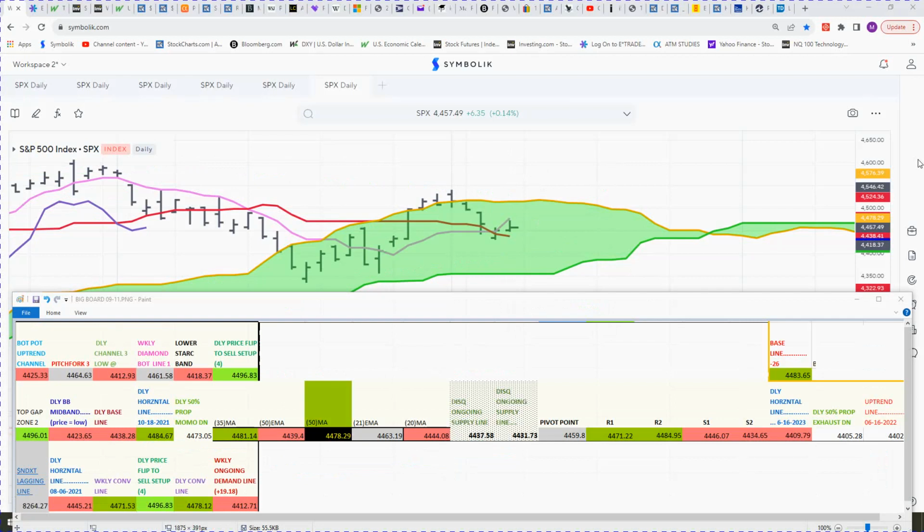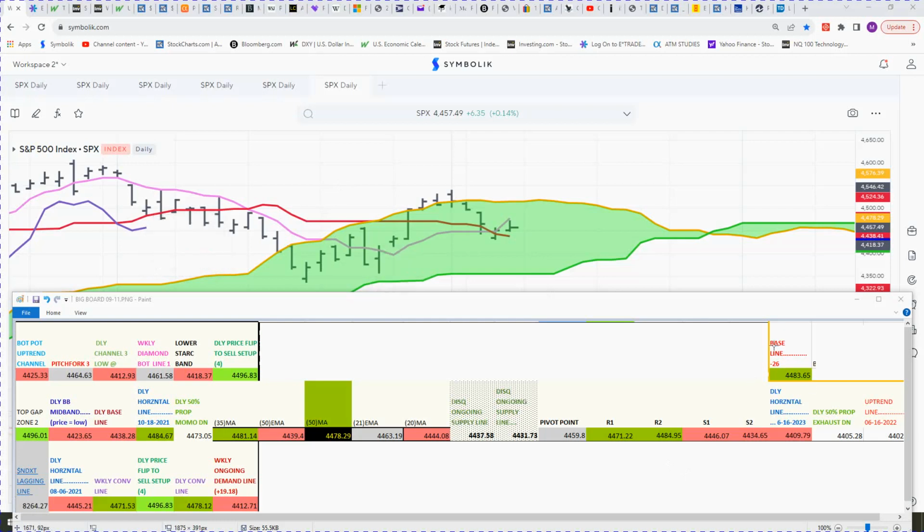I now have lines switched off, and a clip from the big board of support and resistance for the 4400 zone is open. So the baseline 26 bars back, concerning this lagging line for Monday, will be at 4489.52. And this conversion line is a little bit underneath it, but pretty close, 4478. So to the upside, there are a lot of levels to get through to get to this baseline 26 bars back.